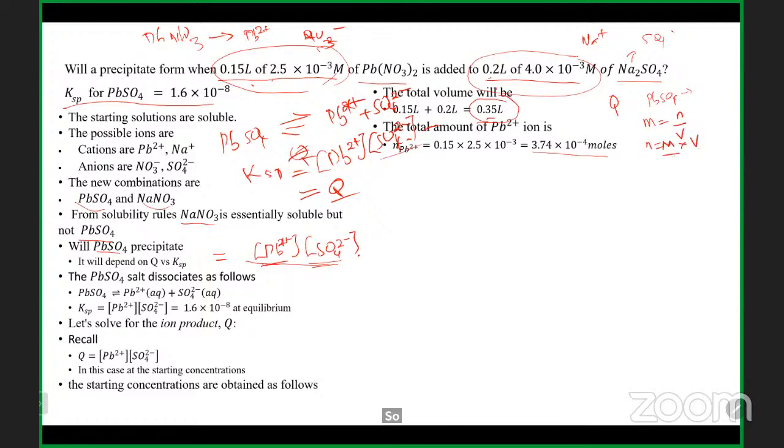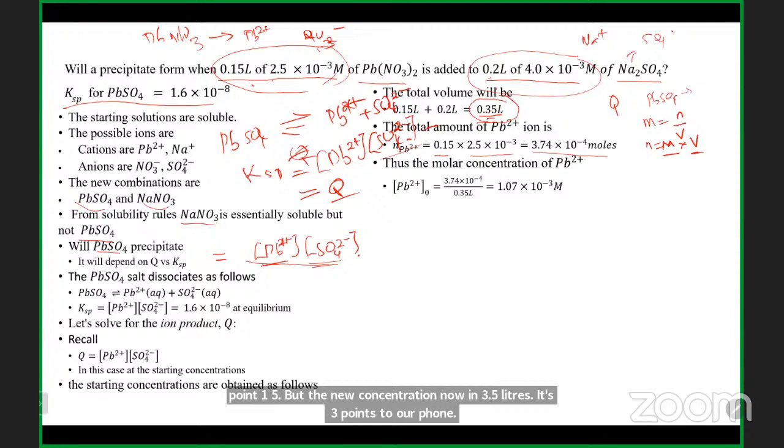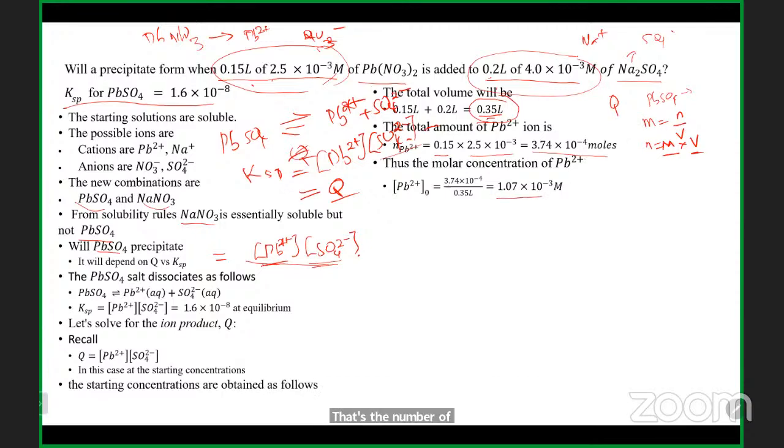Molarity is 2.5 times 10 to the power minus 3, and the initial volume brought is 0.15. But the new concentration now in 0.35 liters is 1.0 times 10 to the minus 3.